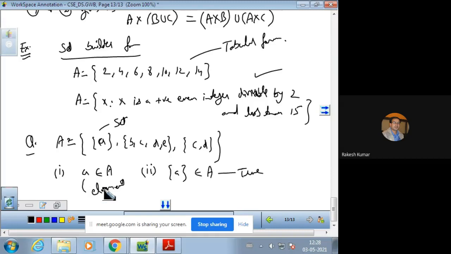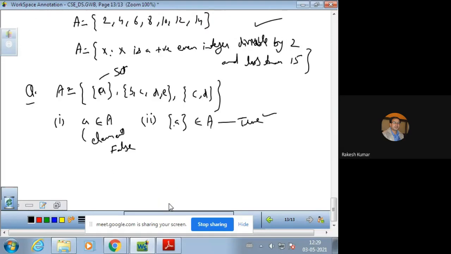Now, this A is not in A, so this statement is a false statement, but this statement is a true statement because this set is lying in this set. So this is the meaning of true or false. You must be able to find out the true or false.